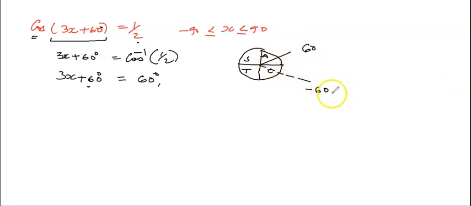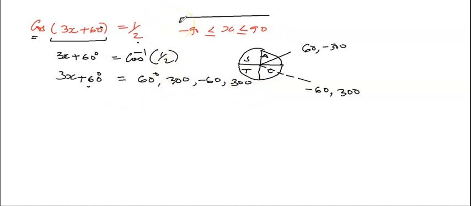The positive one of this is going to be 300. And the negative of this side is going to be negative 300 as well. So you have 60, 300. You also have negative 60. You also have negative 300. So the question is, are these values enough? Because the range is within these two values here, -90 and 90.